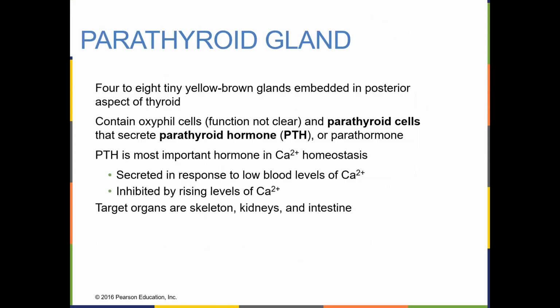And what they do is stimulate osteoblast activity to break down bone to release calcium, because we need calcium for muscle contractions. We have all that calcium in the sarcoplasmic reticulum that allows us to contract our skeletal muscles.